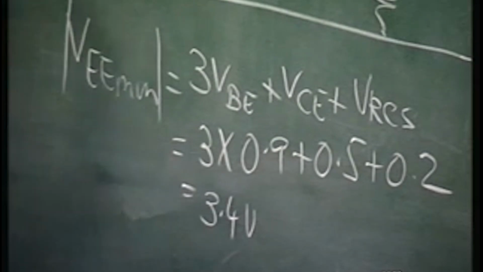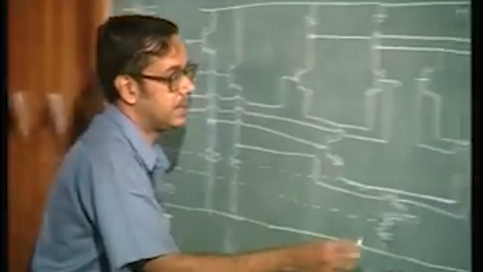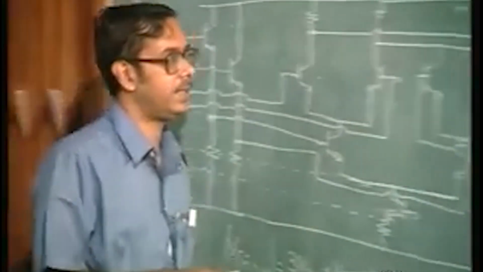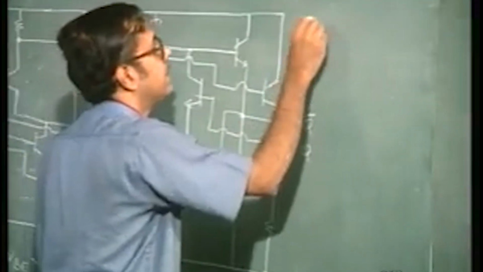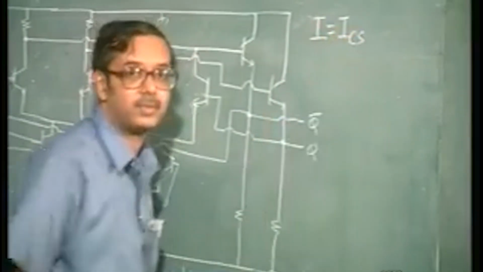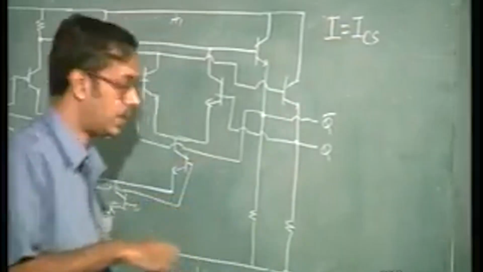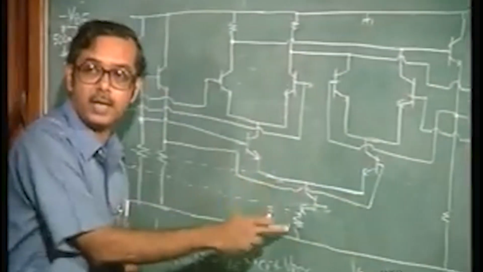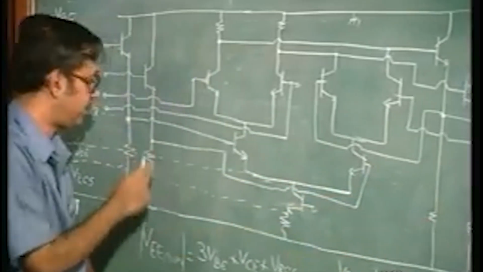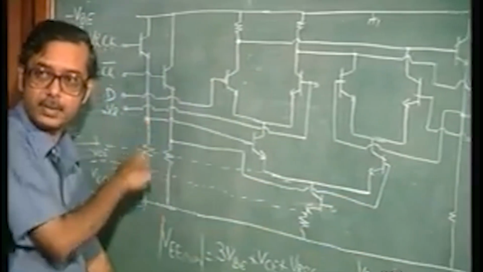for this structure, and the current of course, I write it here, I is equal to ICS, the current source value flowing through the current source. Okay, there is one current source here, plus there are 2 level shifting parts.